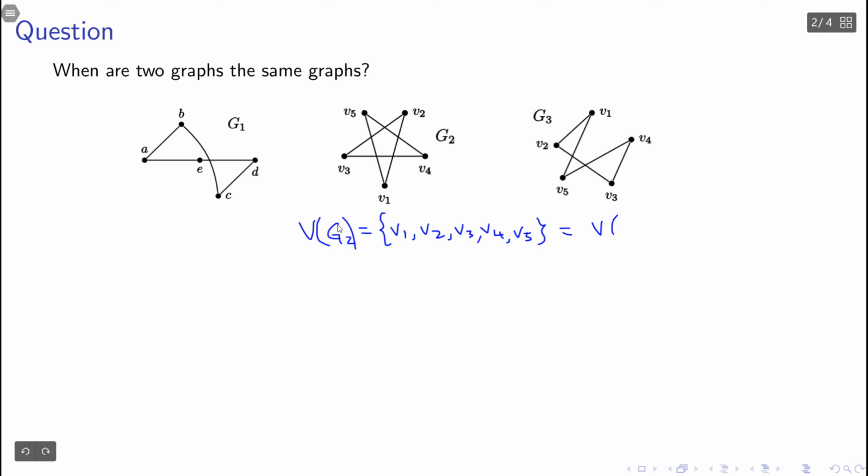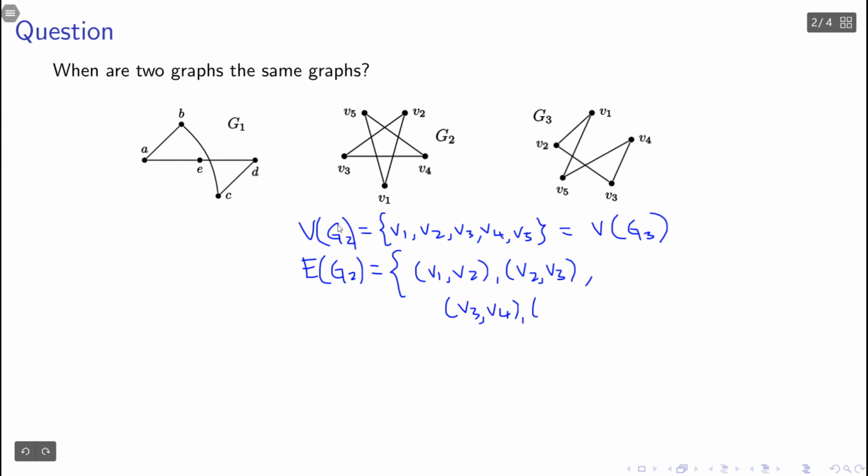That's also the vertex set for G3. The edge set of G2, well, V1 is connected to V2, V2 to V3, V3 to V4, 4 to 5, and 5 to 1.